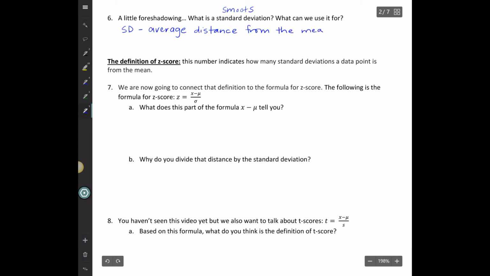So we've talked about it in the past as a measure of spread, but now we're going to use it as a measurement or a unit of measurement for distances.